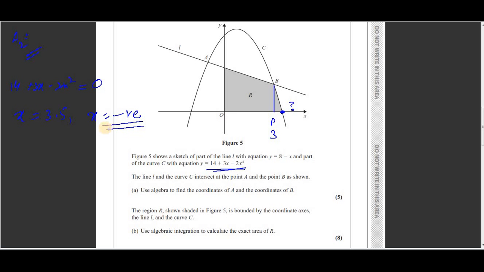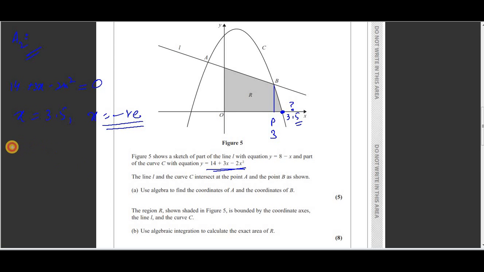Why am I saying this? Because they say these are the roots of the curve. Root means the coordinate on the x-axis. You see that this point is on the positive x-axis and this one will be negative. So the second value is negative, but I don't need it, so I'm not wasting my time here. The other point is 3.5. So this is my upper limit.